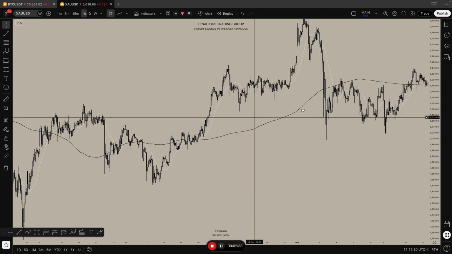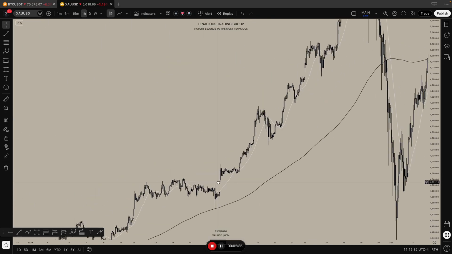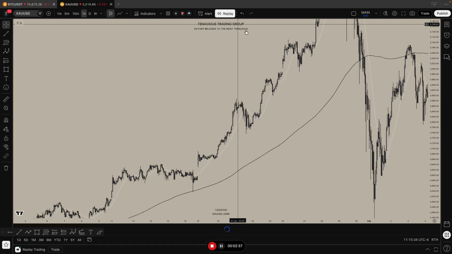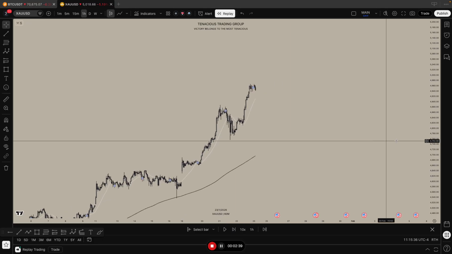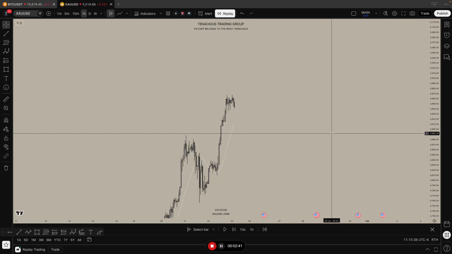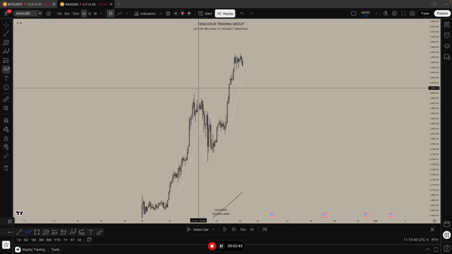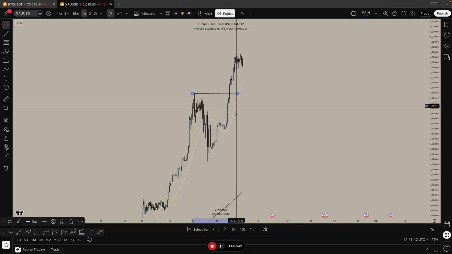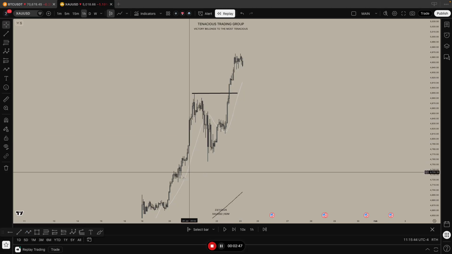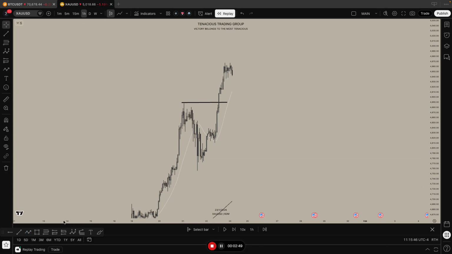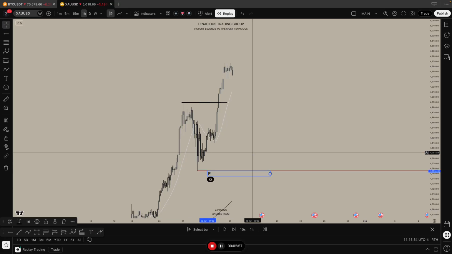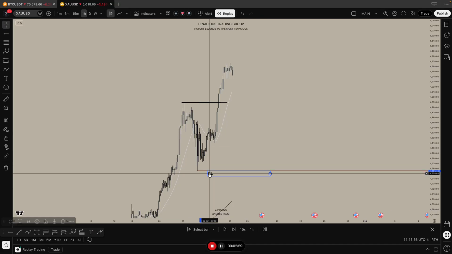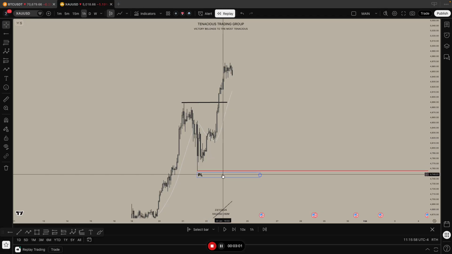So if I look at here, I had my MSB from here. I know that this is a protected low. I know that this is a validated swing high. I also have my protected low there, but I'll also mark it out. After muscle memory, you won't have to do all of the extra stuff, but I know that this is my protected low. So price should respect this low and continue to make higher highs and higher lows.